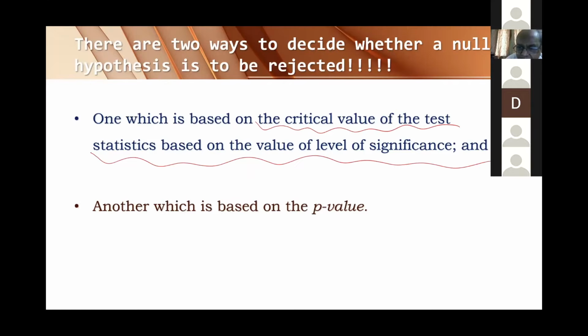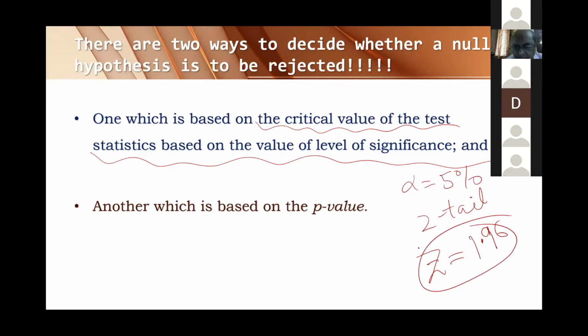So for example, if alpha is 5% two-tailed test, we are using Z statistic, then we will find 1.96 is the critical value. If my Z is say 2.43, which is more than 1.96, I should reject my null hypothesis. Okay, that's one way of deciding accepting or rejecting null hypothesis.